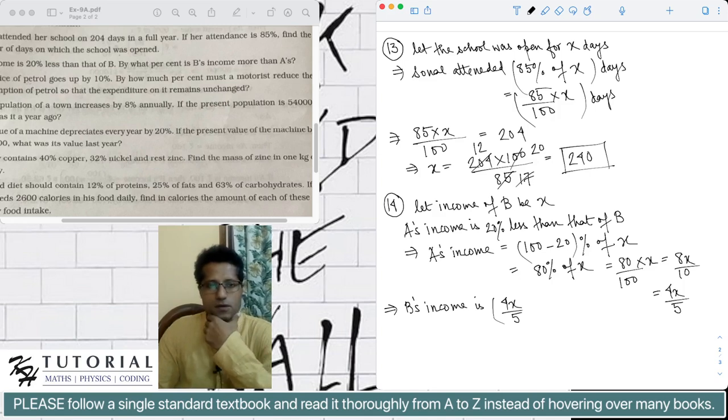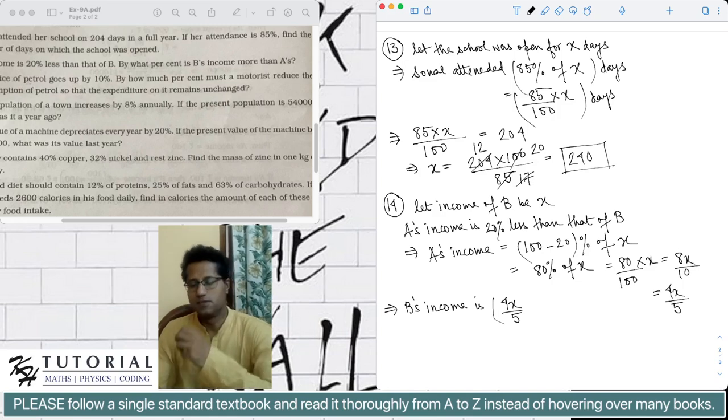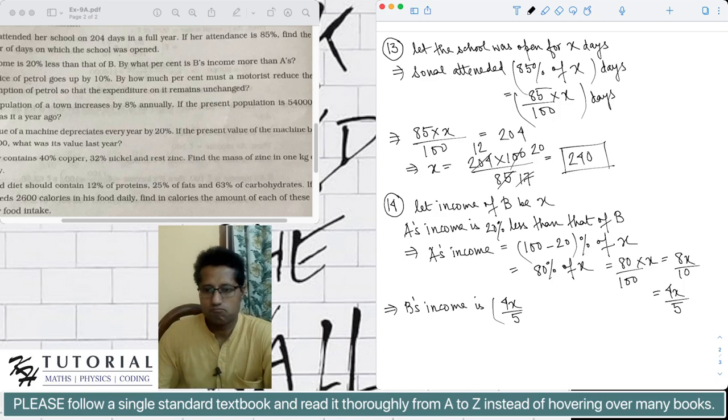A's income is 20% less than that of B. So A's income will be 100 minus 20% of B, that is X, 80% of X. Okay. So B's income is X, and A's income is 4X by 5.